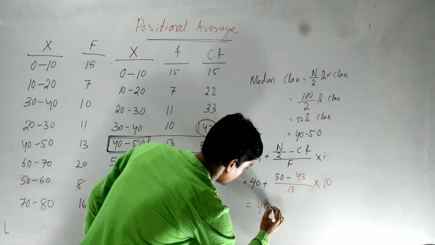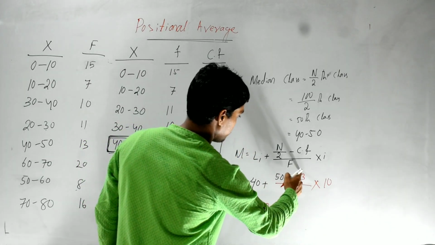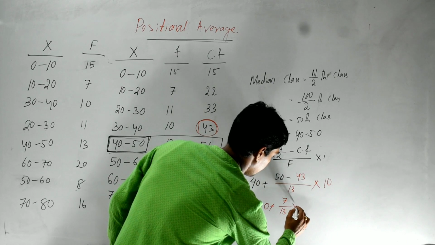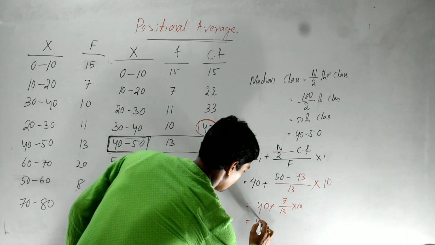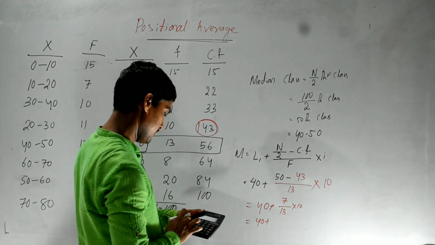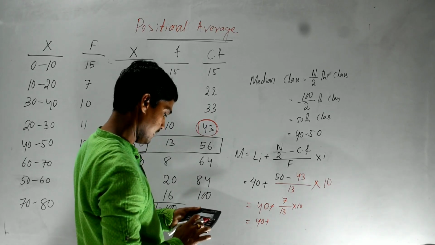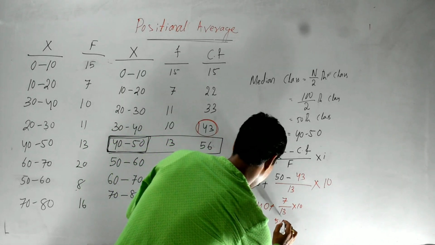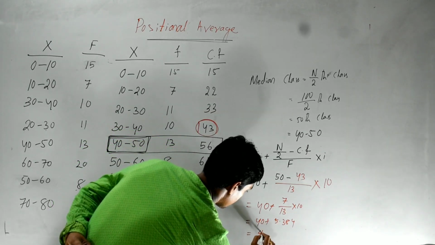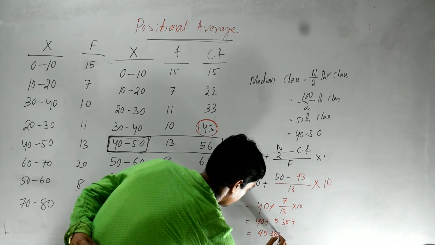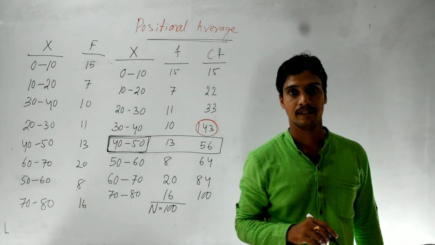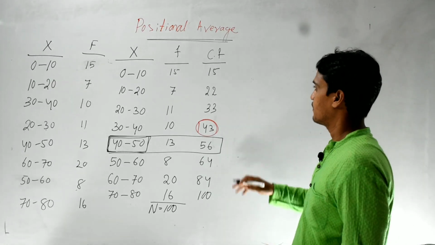So our median is 40 plus (50 minus 43), that is 7, divided by 13, into 10, equals 40 plus 70 divided by 13, equals 40 plus 5.384. So our median value is 45.384.